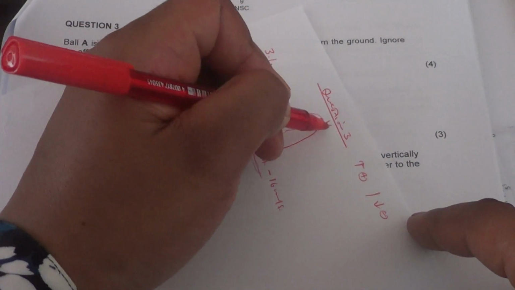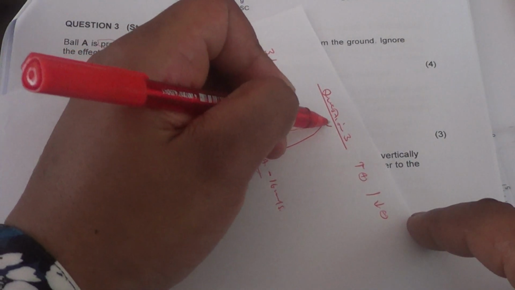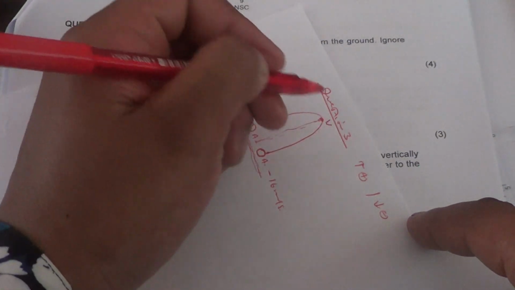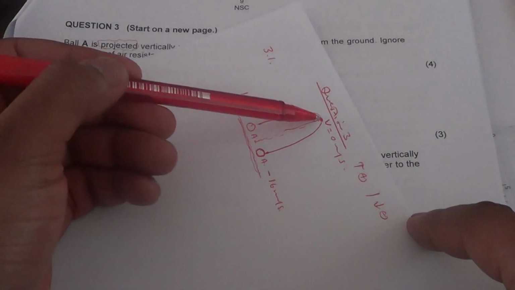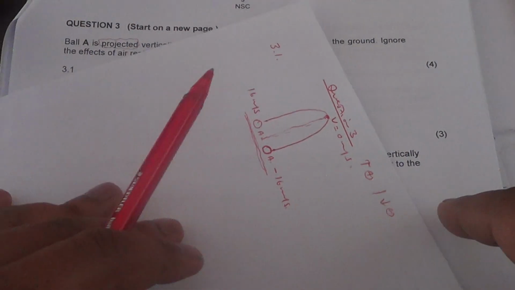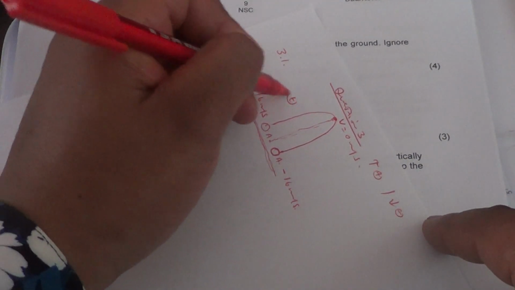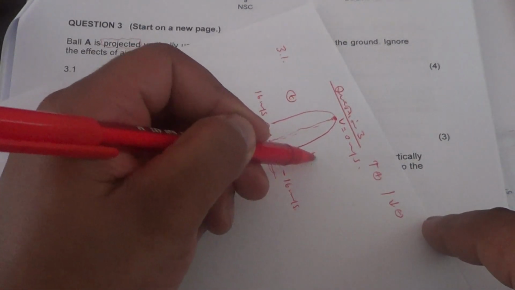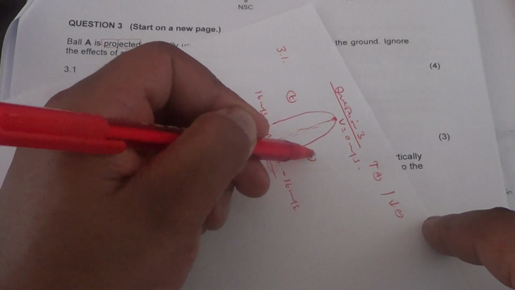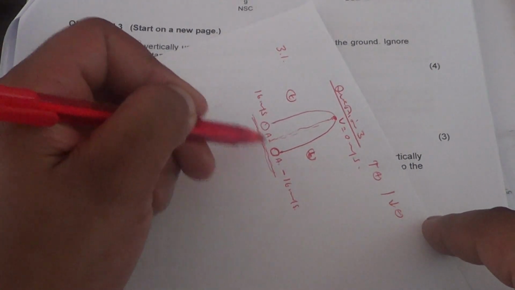But at the Vmax, or right at the turning point, the V is 0 meters per second, because this is when it stops and then turns back down. Again, if it took t seconds to get to the top, it will also take t seconds to come back down, or at least to the same level.